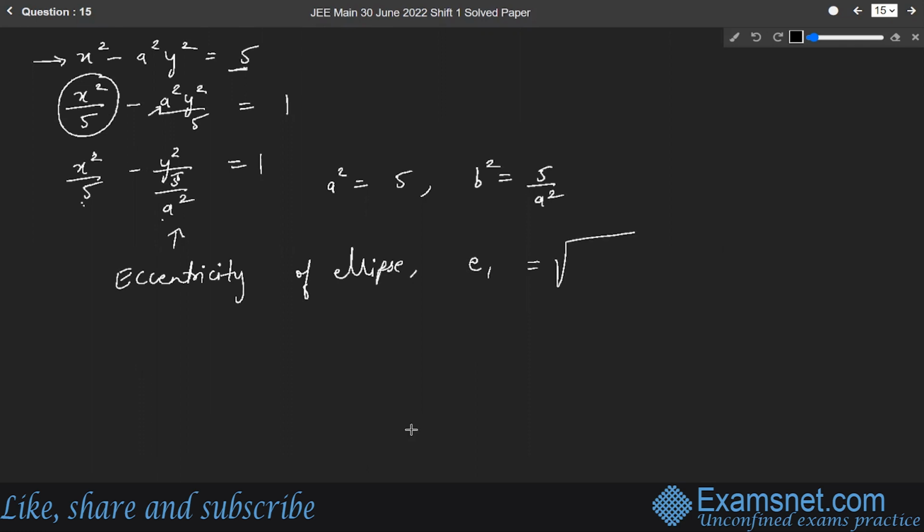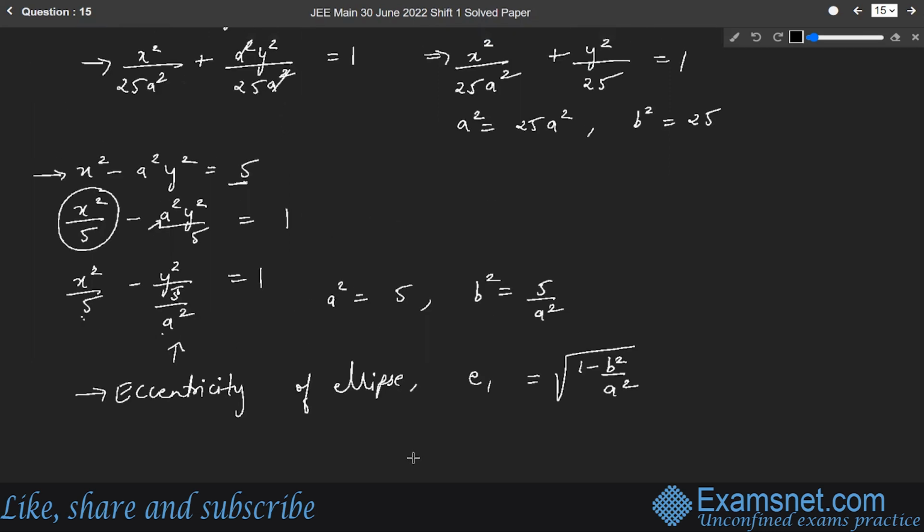Basic formula is eccentricity is equal to root of 1 minus b square upon a square. This is the formula for eccentricity of ellipse. So for ellipse, what is the value of a square and b square? A square is 25a square and b square is 25. So let us substitute here. So 1 minus b square is 25 divided by a square. A square is 25a square, right?